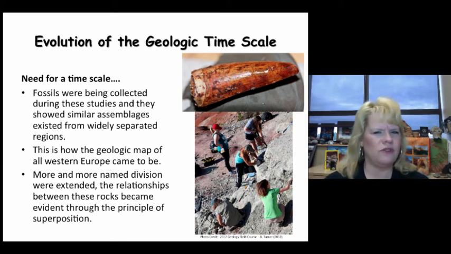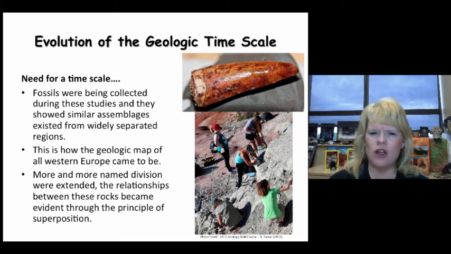What else was the reason for the need of a time scale? Fossils were being collected in these rock layers that people were mapping, and they were showing similar assemblages, which you will learn more about in the fossil lesson. Assemblages are basically groups of fossils, and these assemblages existed in different localities, meaning that they were widespread, which led to some questions as to how that could be.